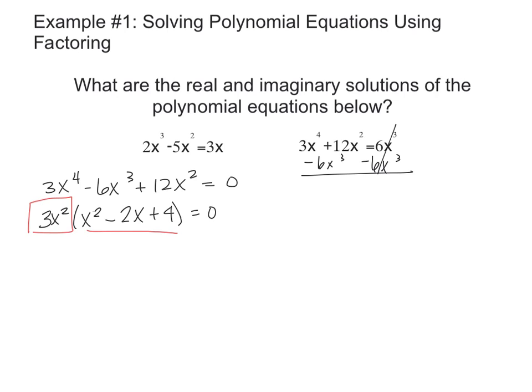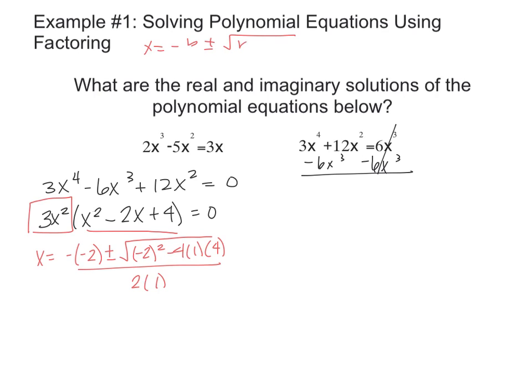All right, so here we go. X equals -2 plus or minus the square root of -2 squared minus 4 times 1 times 4 all over 2 times 1. And remember, that comes from the formula x equals -b plus or minus the square root of b squared minus 4ac all over 2a.